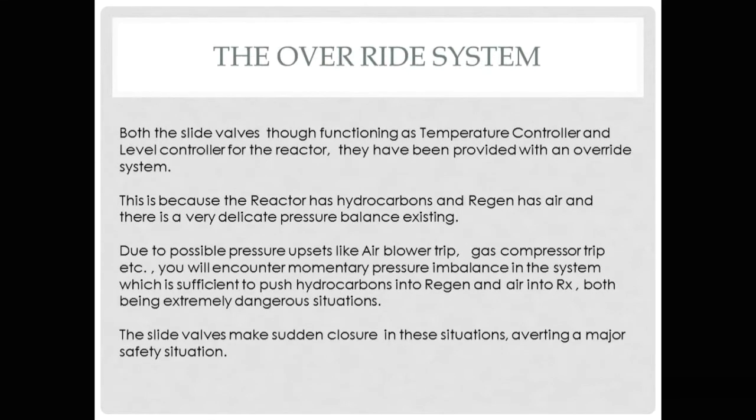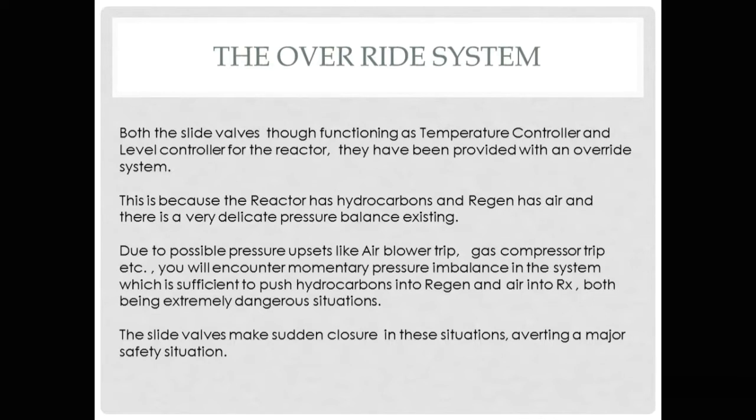Now let us discuss the emergency situations in the plant. There is a very delicate pressure balance existing between the regen and the reactor. There can be cases where suddenly there is a pressure change which can upset the pressure balance. In that case, hydrocarbon can come to the air side or air can go into the hydrocarbon side, which are very dangerous situations.